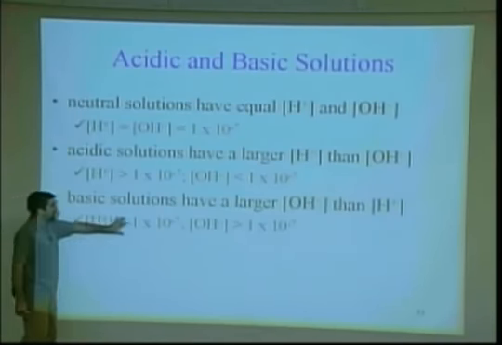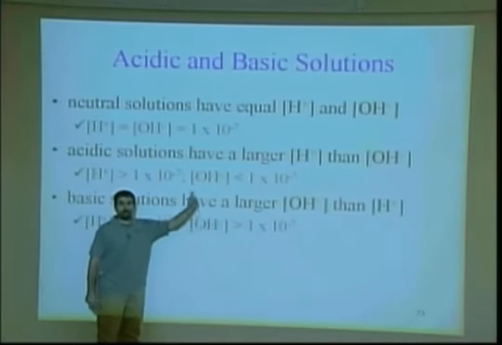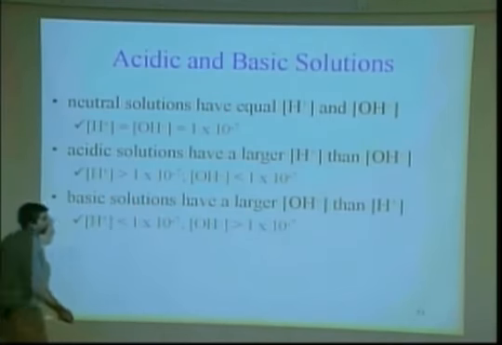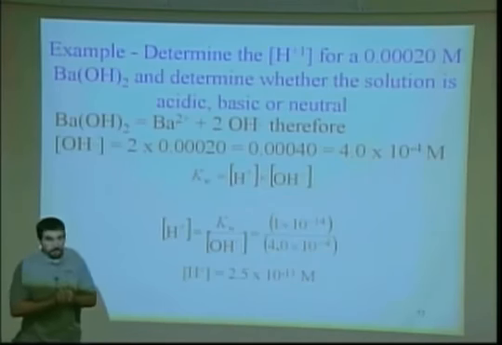The hydrogen is going to be less than 1 times 10 to the minus 7. The hydroxide is going to have to be greater than that. Since it's a basic solution, that means hydroxide ions are present in greater amount. Okay, so this looks complicated, but it's not. All you have to realize is that whenever you multiply these together, you have to keep your Kw, your ion product for water. It's got to be 1 times 10 to the minus 14.